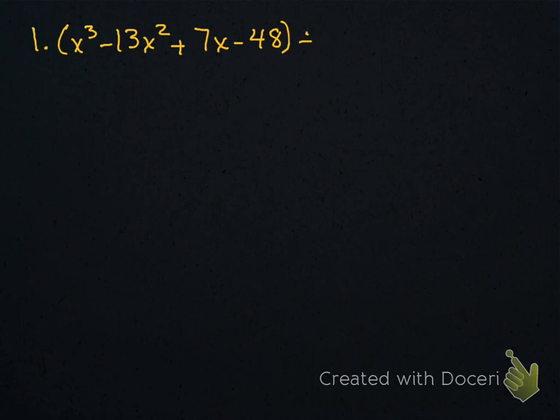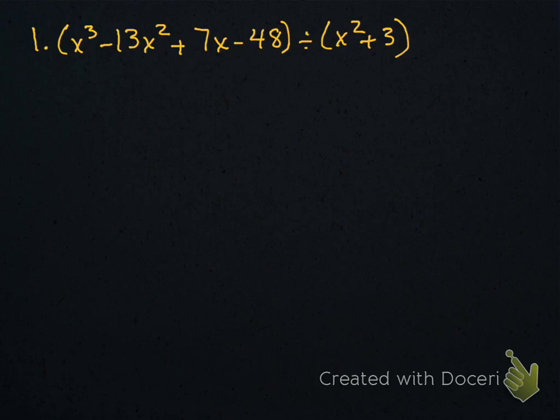All right, number 1 is x cubed minus 13x squared plus 7x minus 48 divided by x squared plus 3.